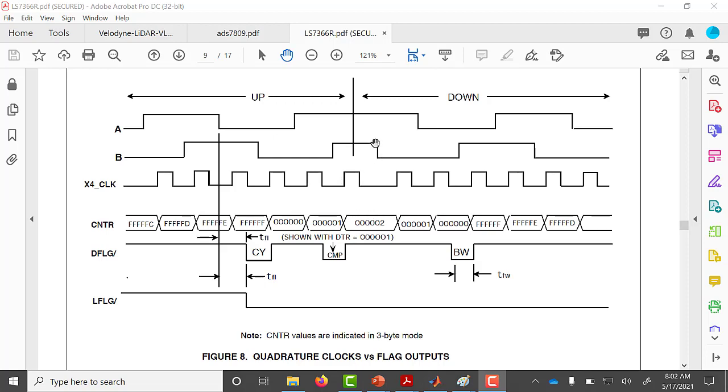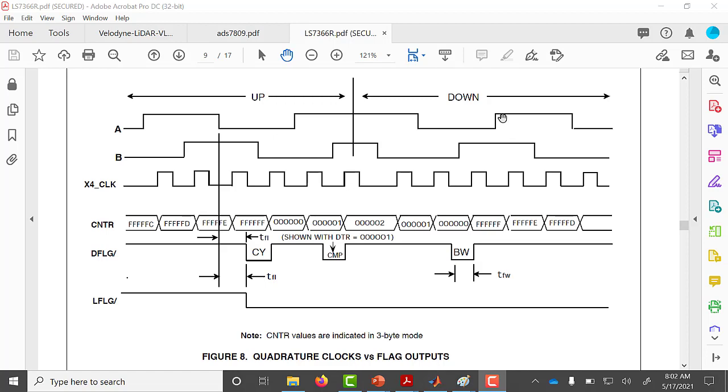Now what happens is B drops. So this dropping of B is actually a change of direction, and that's shown by going from 2 to 1. So we're going down now. And then A drops, so you're going from 1 to 0. And then B rises again, so you're going from 0 to -1.